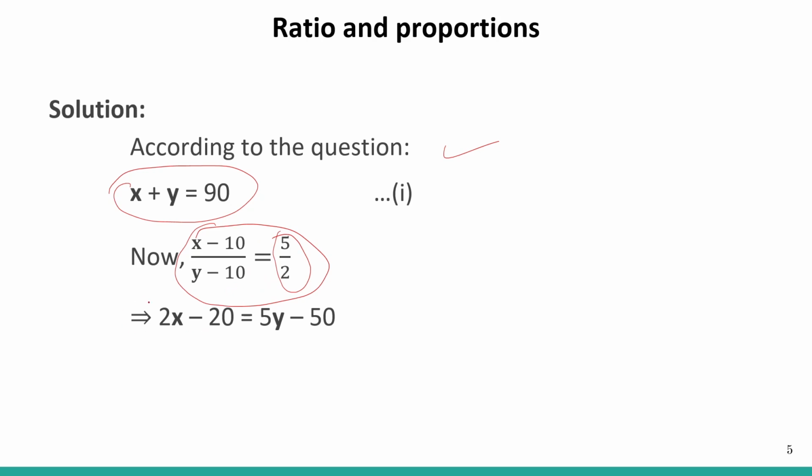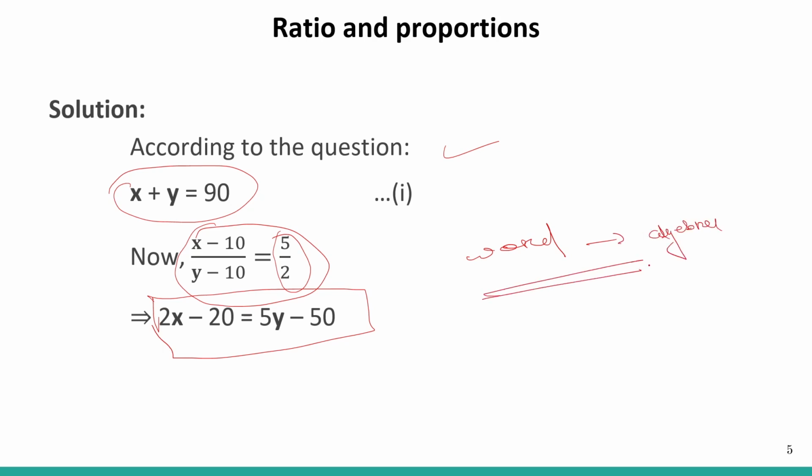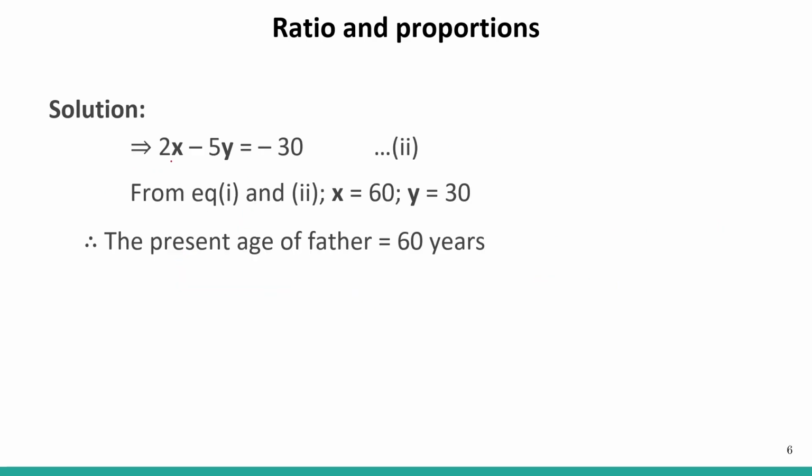So we arrive at an algebraic equation, that is 2x minus 20 is equal to 5y minus 50. So we have converted the word problem to an algebraic problem. So 2x minus 5y is equal to minus 30 is what we conclude from this equation.